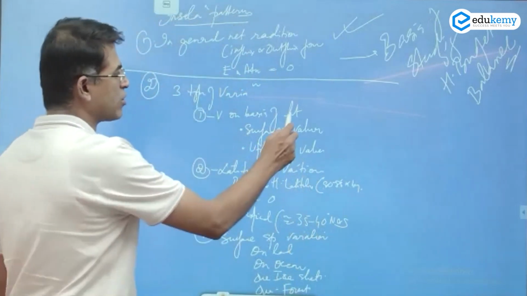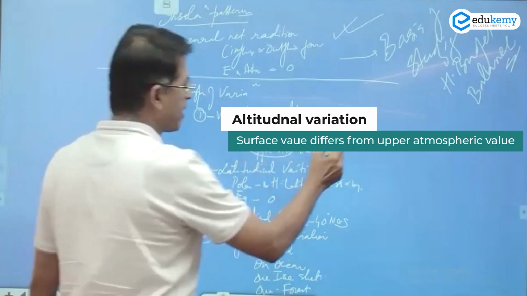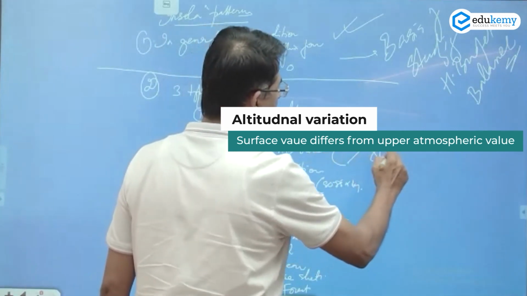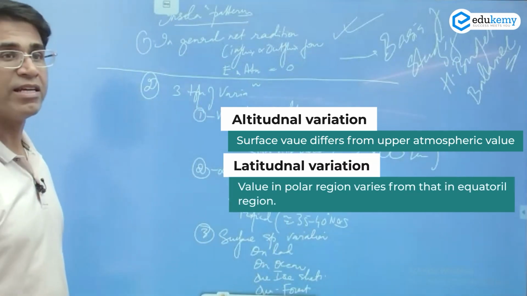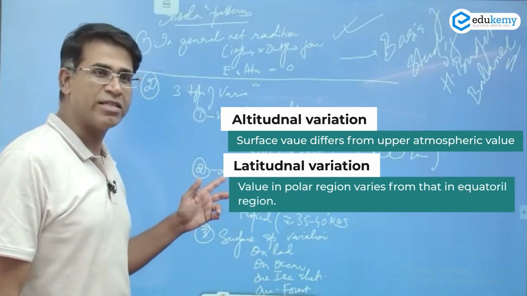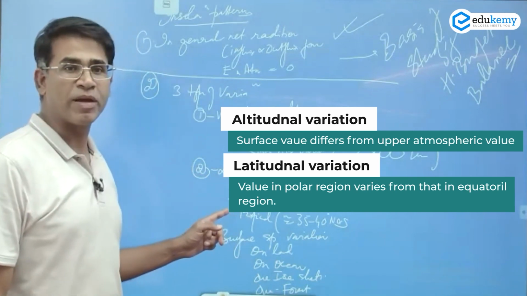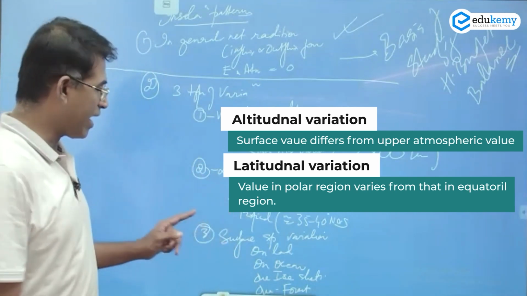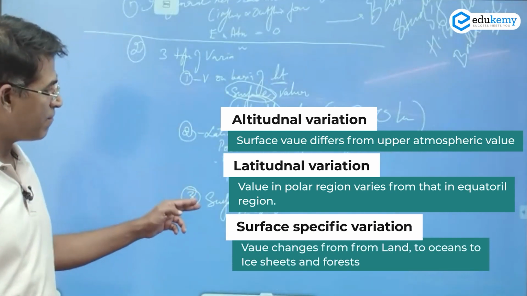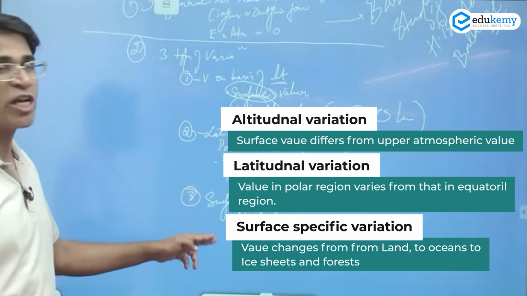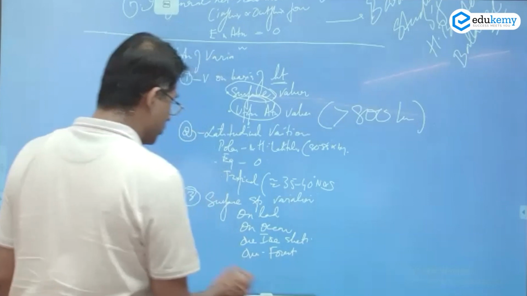Variations on the basis of height: surface, and upper atmosphere. Upper atmosphere means beyond 800 kilometers. There are latitudinal variations. Some values for the polar regions, some for the equatorial regions, and some for the tropical regions. And third, we have the surface specific variations on the land, on the oceans, on the ice sheets, and the forests.